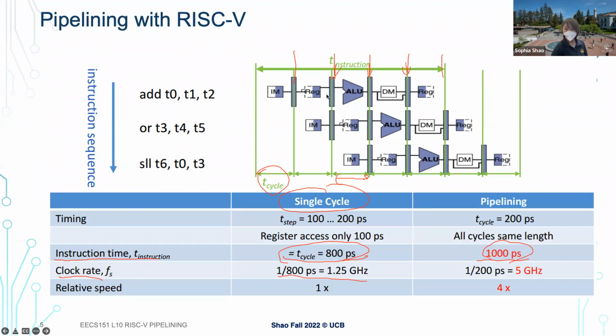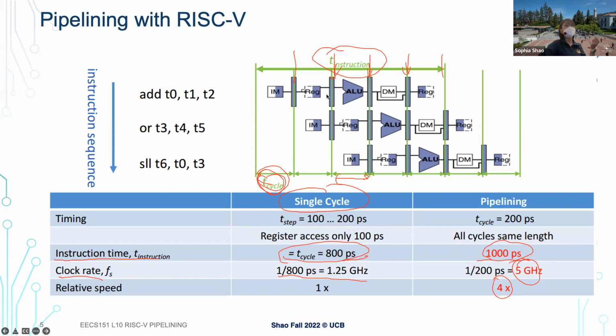But then I can get a faster clock, so now my clock period is shorter. Instead of the entire instruction, it just needs to finish one stage, so I get a higher frequency. With that higher frequency, every cycle I still finish executing one instruction, so I can also get more instructions out because I'm processing at a higher rate.